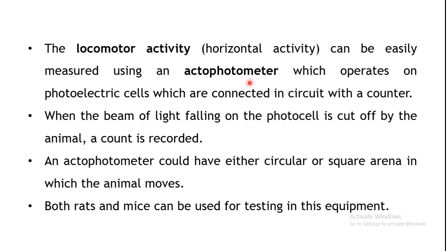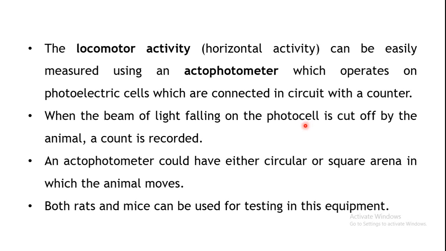This actophotometer basically operates based on photoelectric cells, and these photoelectric cells are connected in a circuit with a counter. There is a light source on the opposite wall, and a continuous beam of light falls on these photo cells which are located on the opposite side.